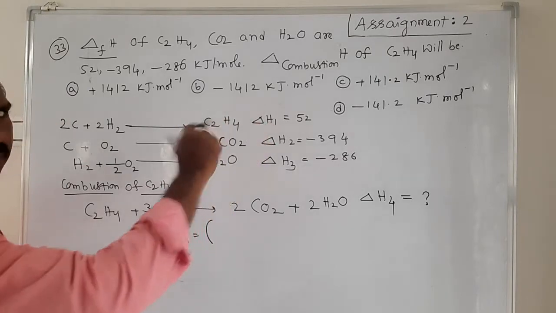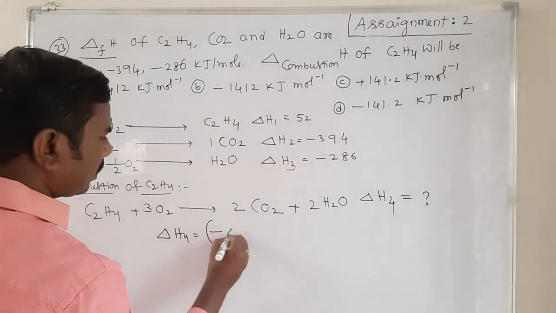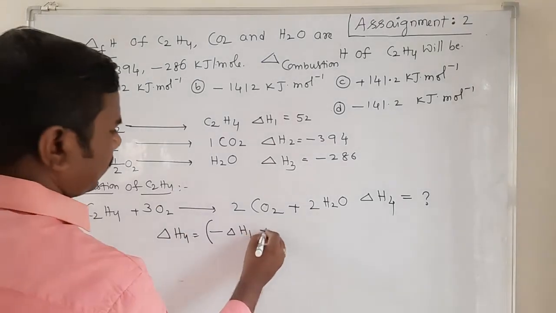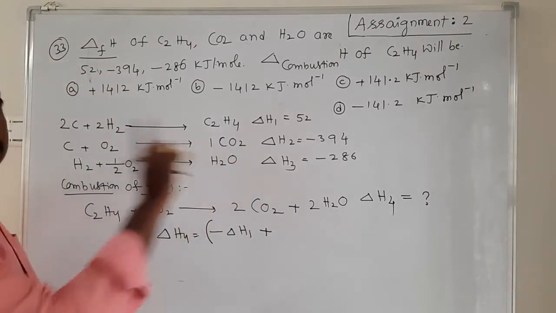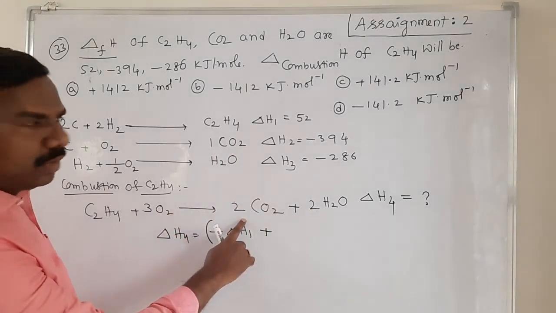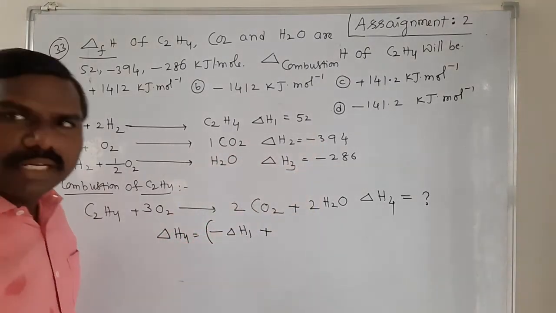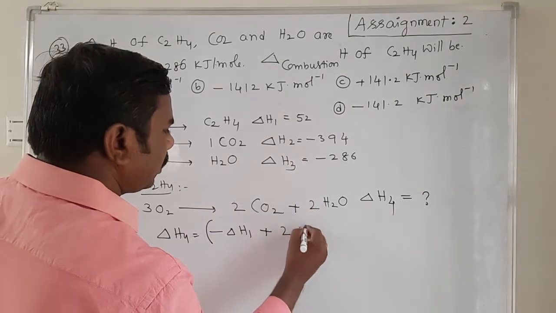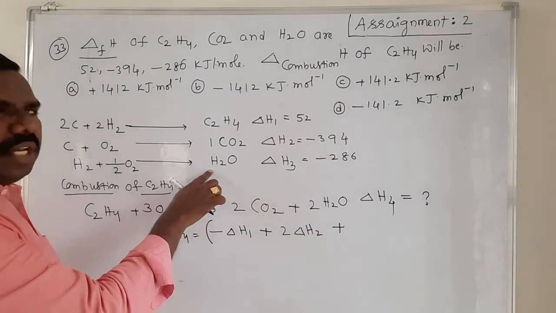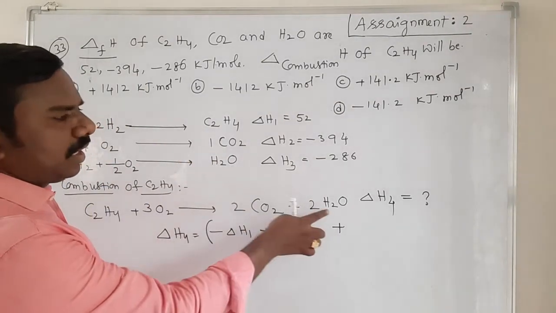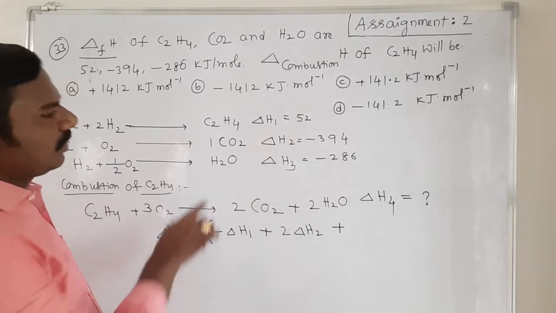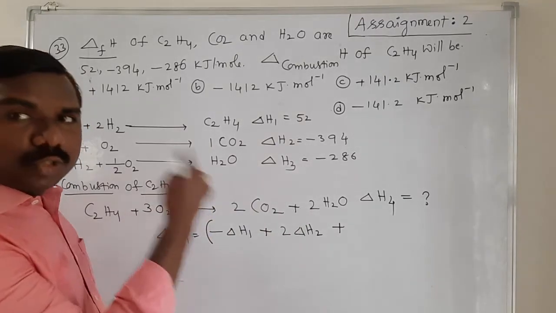That's it. Delta H4 is equal to reverse of equation 1. Reversed means minus delta H1. Plus equation 2 remains the same but multiplied by 2, because to get 2 CO2, equation 2 must be multiplied by 2. That's why 2 delta H2, plus equation 3 remains the same because H2O is on the product side. To get 2 H2O in our desired equation, this should be multiplied by 2.